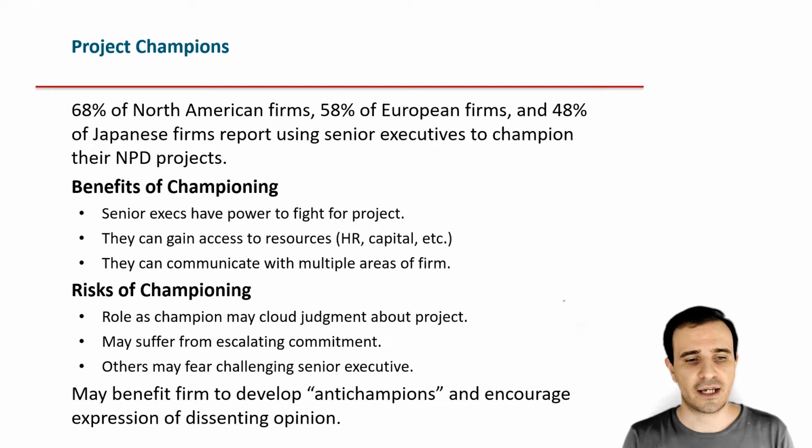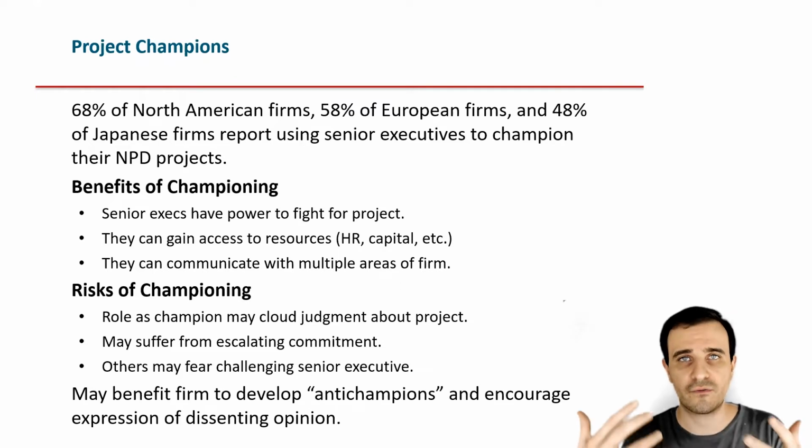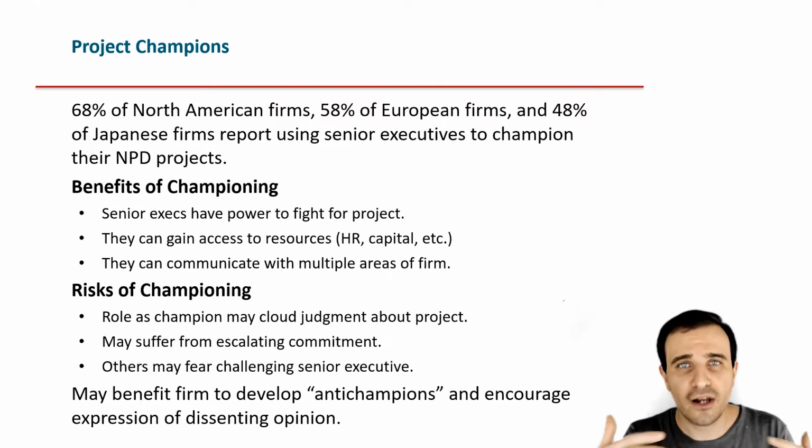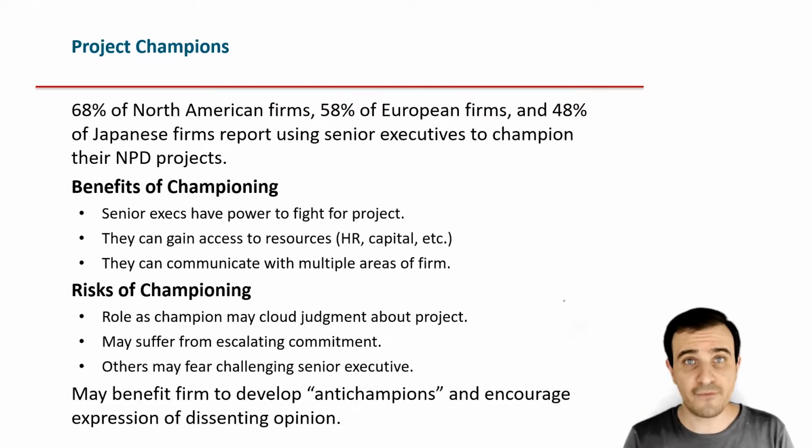And so this in the end may reduce the evaluation and judgment about the project and its real potential, with a champion kind of falling in love with a project and having the power and the resources to still steer the project, even though it became clear that the project is not going in the right direction.